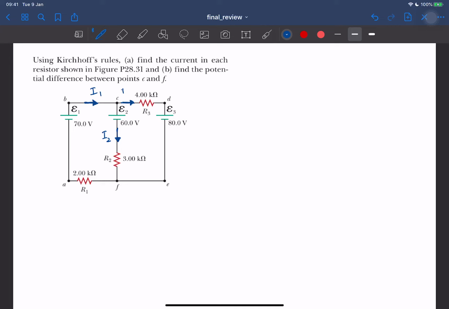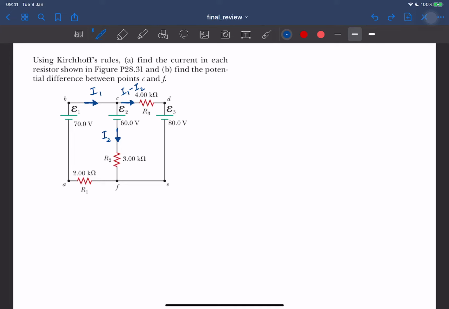So I can just say this is I1 minus I2 instead of calling it I3. So here I'm using the current rule, because the current flowing in is just I1, which must be equal to all the current flowing out, which is I2 plus this one. So this plus this is I1, equal to I1 flowing in. So I don't need to write down I3, because that would be three variables. I can reduce it to two variables, I1 and I2, like this.